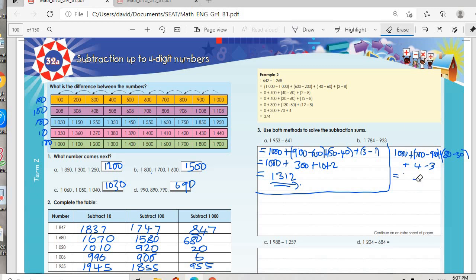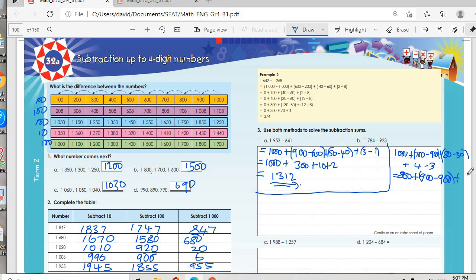Okay, we can borrow 200 there, because even if you borrow 100, it becomes 800. So we are going to say 800 there. The 200 we're gonna give to 700 there, then it becomes 900 minus 900. You see that?